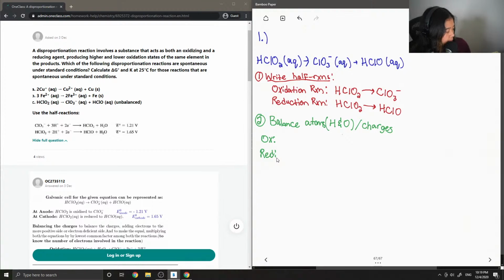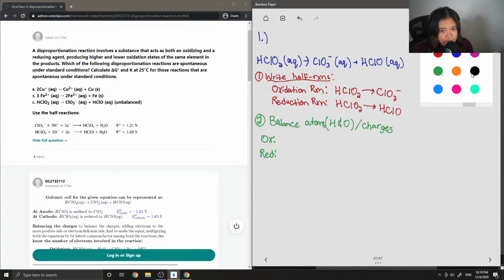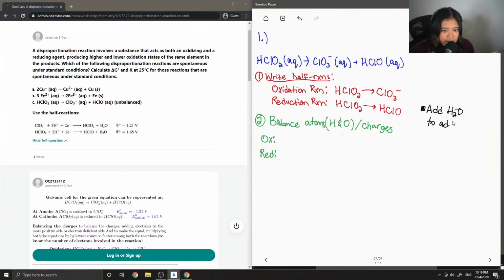Okay, so let's look at the oxidation reaction first. You'll notice that there is one hydrogen on the reactant side, two oxygens on the reactant side, and then three oxygens on the product side. So first, I'm just going to write like a box over here. We are going to add water to add oxygens.